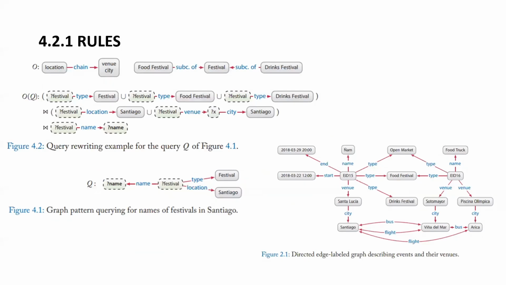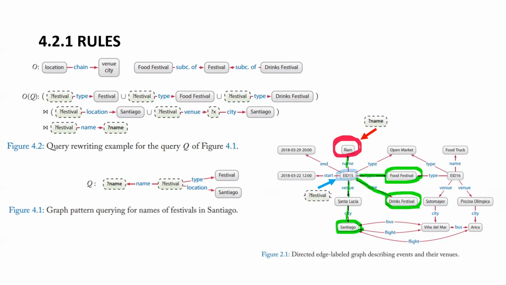Figure 4.2 provides a more complete example of the ontology used to rewrite the query in figure 4.1. The query asks what is the name of the festival located in Santiago. When evaluated over the graph in figure 2.1, Ñam is returned as a solution.